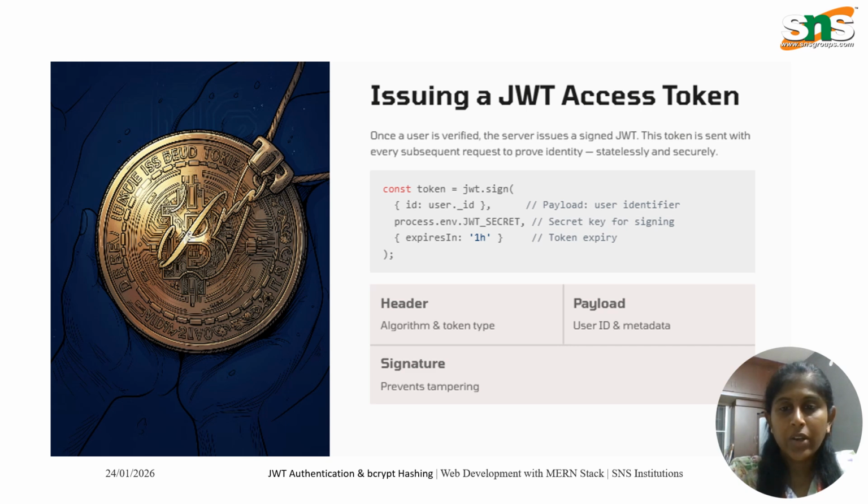This signature ensures the token cannot be modified by attackers. A JWT contains three main parts: header, payload, and signature. The header contains token information, the payload contains user data, and the signature verifies the token's authenticity. Once generated, this token is sent to the client. The client stores it and sends it with future requests for authentication.